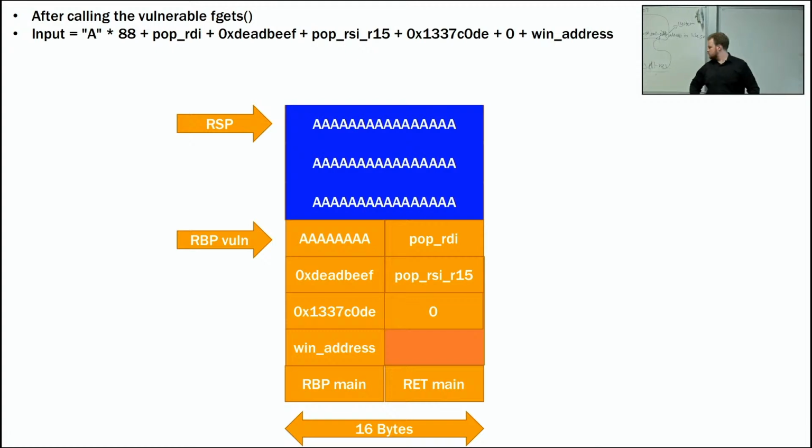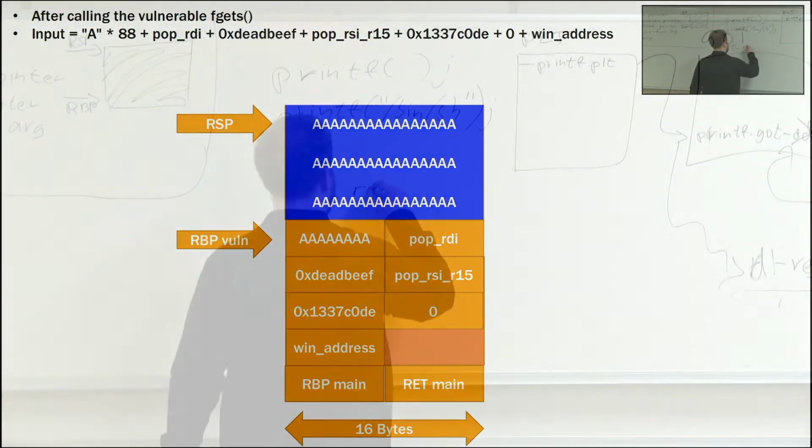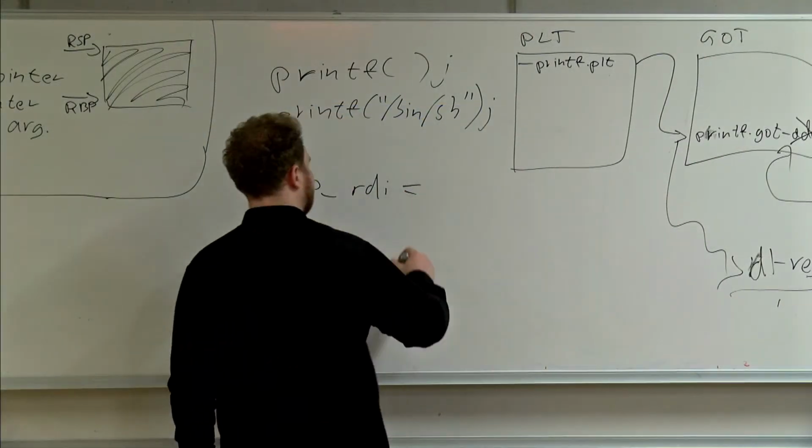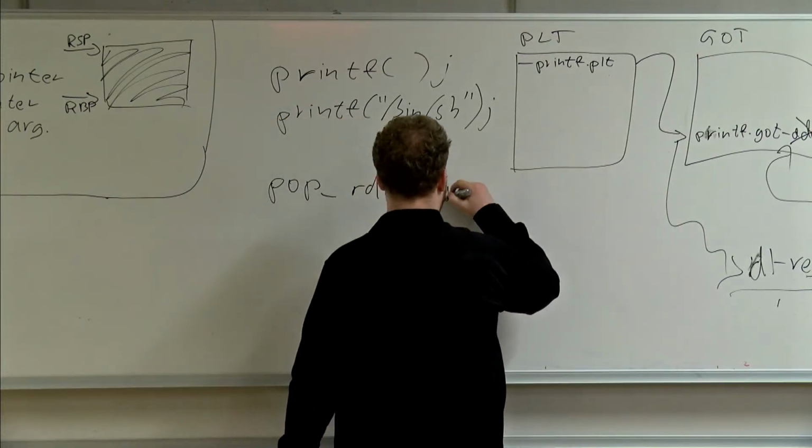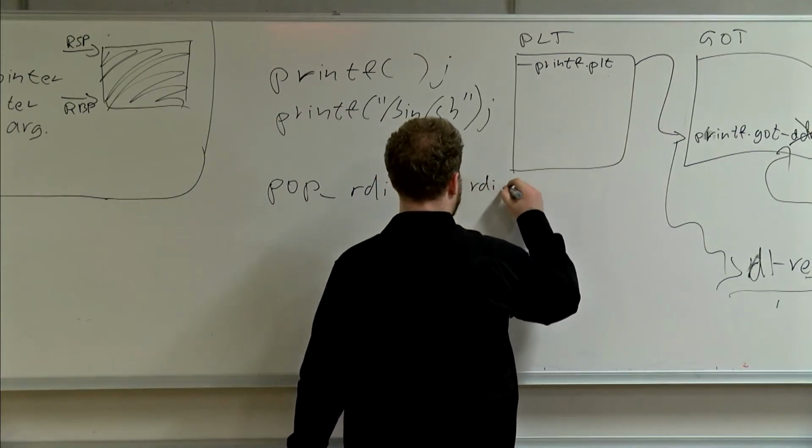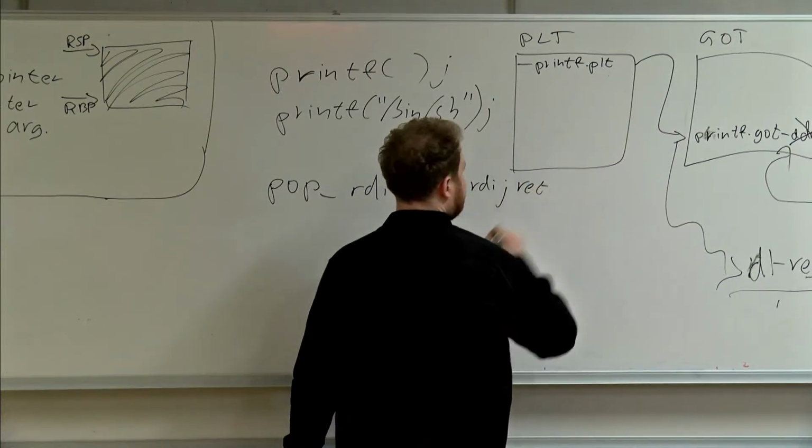So, some clarifications. The pop RDI is an address to pop RDI ret.